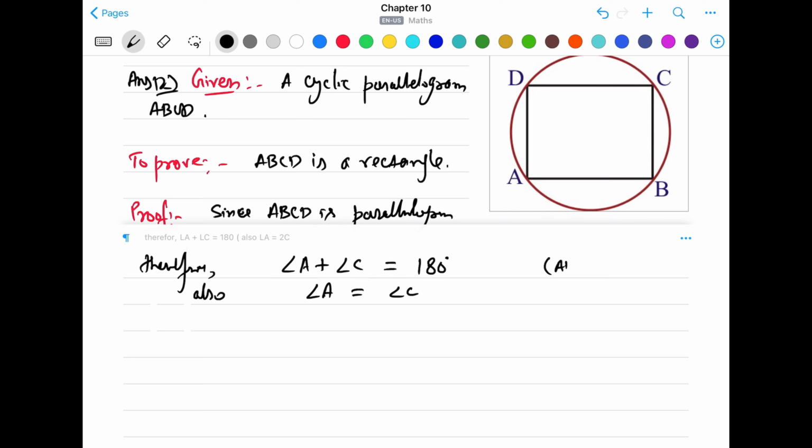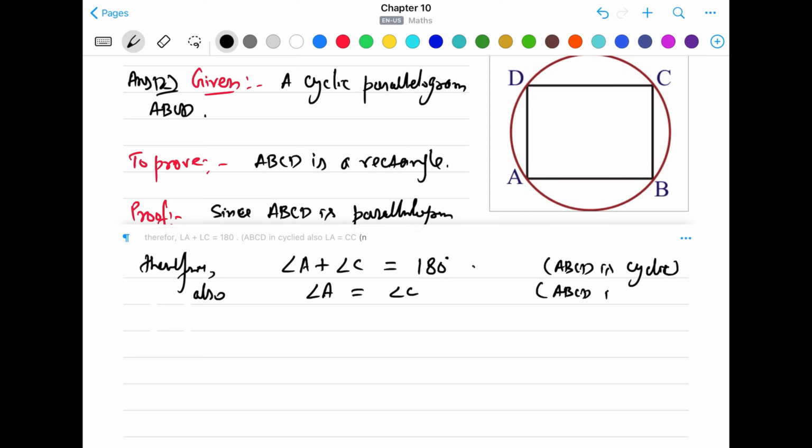This is because ABCD is a cyclic parallelogram. Any quadrilateral, if it is cyclic, has each pair of opposite angles summing to 180 degrees.